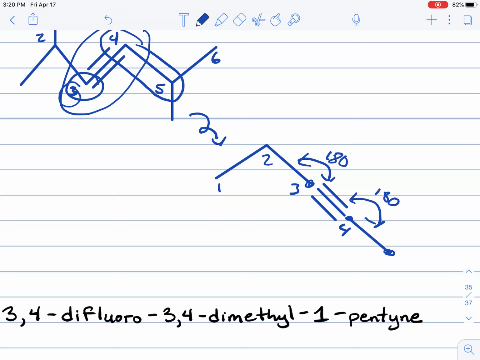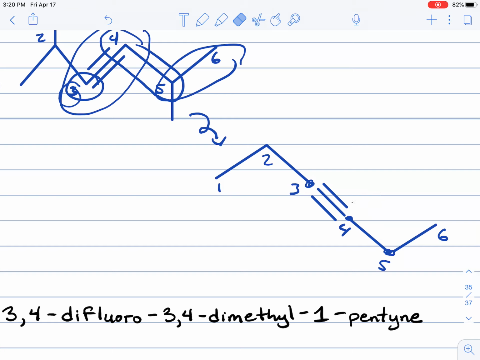So once you're on the 5th carbon, then you guys can go up to carbon 6. Okay. All right, so now that we have the correct geometry in place for my triple bond, I'm going to go ahead and add my substituents.